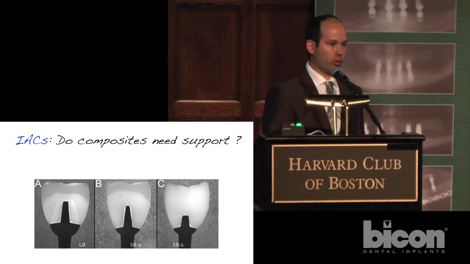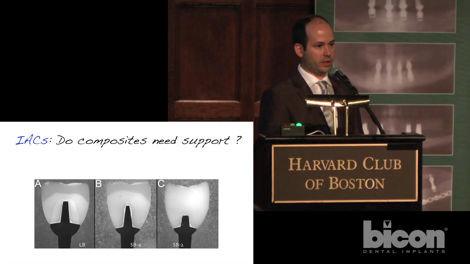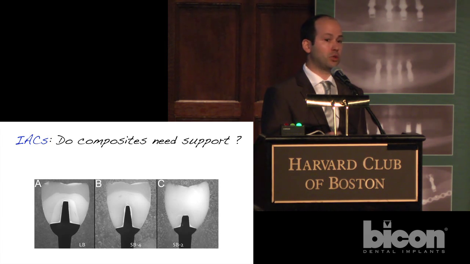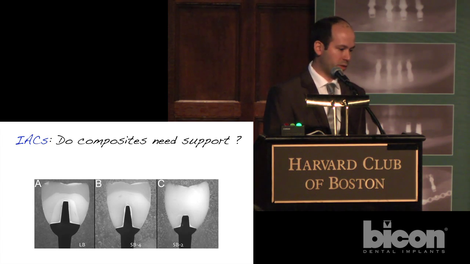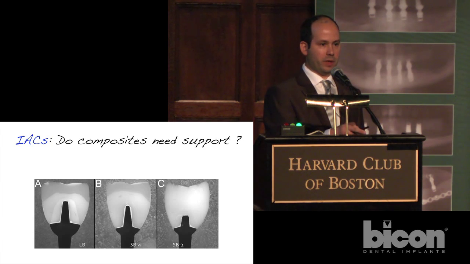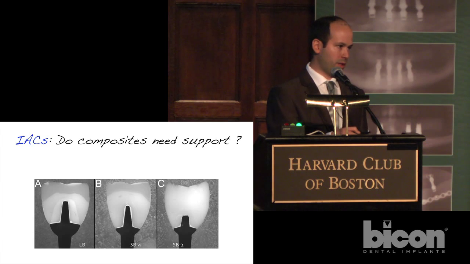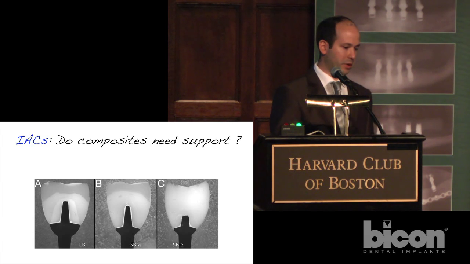This is just a cross-section of the crowns, so you have an idea of the heresy that it is. If we think of this concept for a porcelain, of course we could never have this amount of porcelain unsupported, as you've seen previously. So that's the large base, a small base with a 4 millimeter cone in the center for composite retention, and the 2 millimeter.